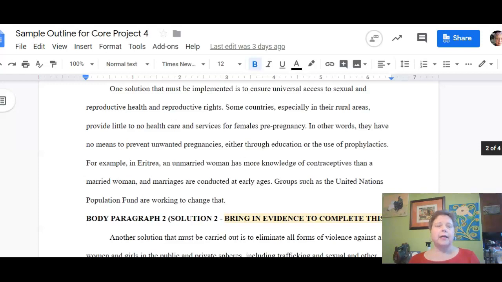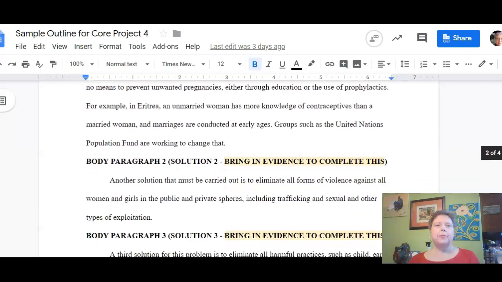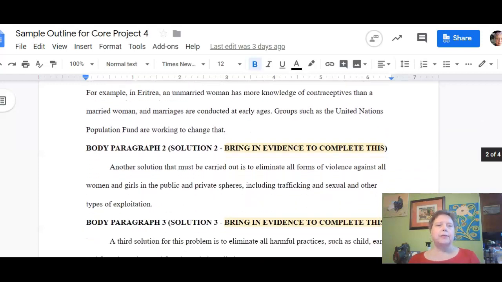In other words, they have no means to prevent unwanted pregnancies, either through education or the use of prophylactics. For example, now here's where I'm bringing in my evidence. For example, in Eritrea, an unmarried woman has more knowledge of contraceptives than a married woman, and marriages are conducted at early ages. Groups such as the United Nations Population Fund are working to change that.